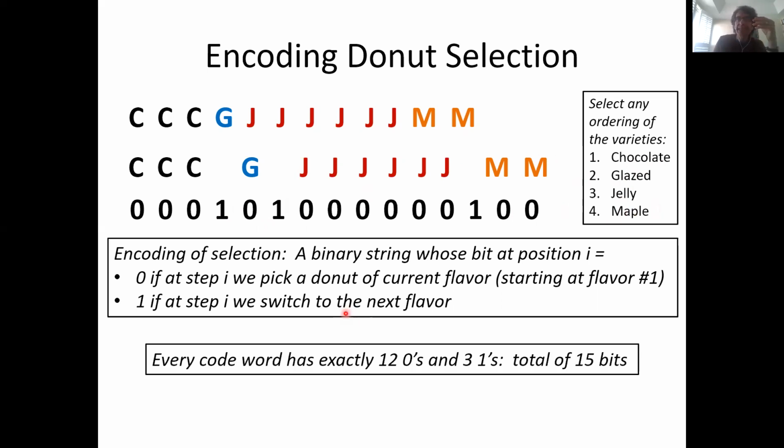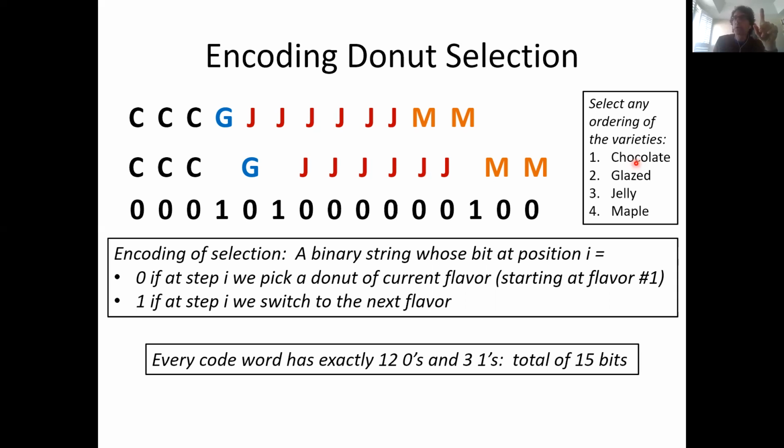So every code word that describes a selection of 12 out of these 4 flavors has to have 12 zeros, because the zeros mean pick a donut. So the total budget for zeros is 12. And 3 ones, because you switch flavors 1, 2, 3 times. Now you can say, well, what if I want all chocolate? I don't switch any flavors.